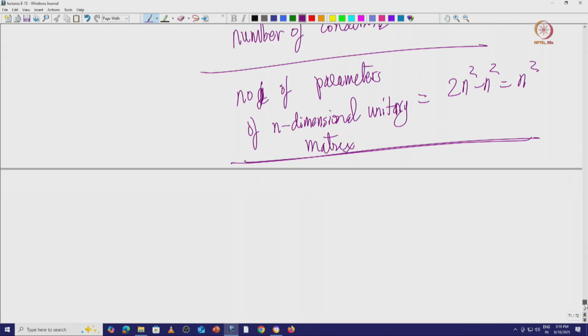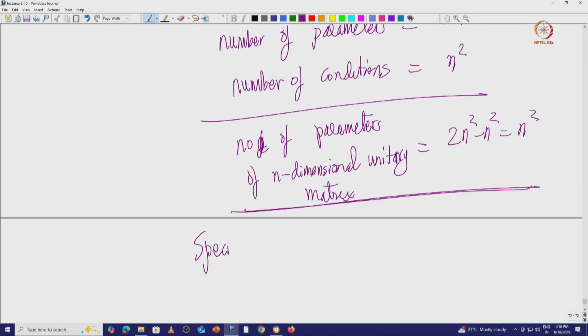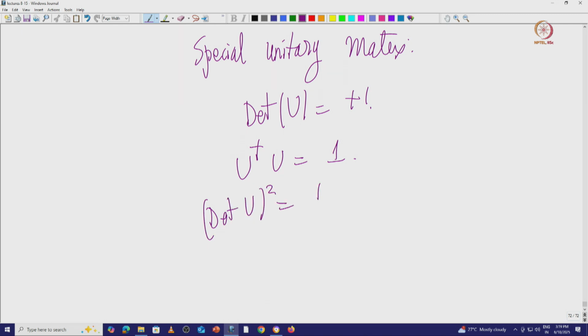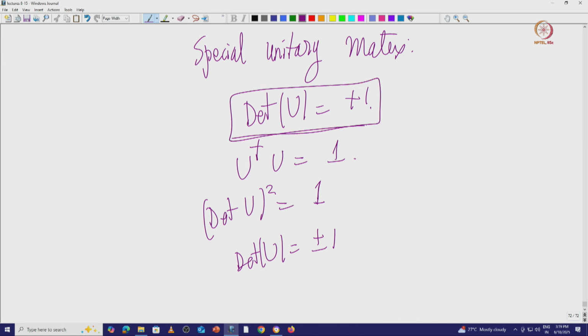Now we will put one more condition, which is called special unitary. The special unitary matrix is defined by det of U equal to plus 1. As we have seen, if you have U dagger U equal to 1, det of U square should be equivalent to 1. So det U can be both plus 1 or minus 1, but if I choose the plus 1 condition, it becomes something called a special unitary matrix, defined by SU(N).